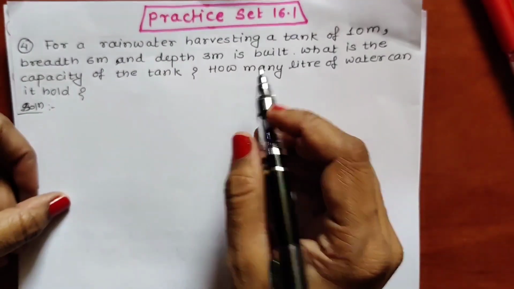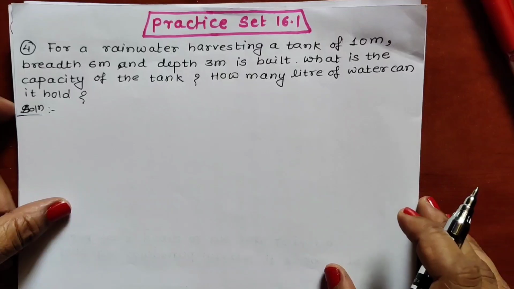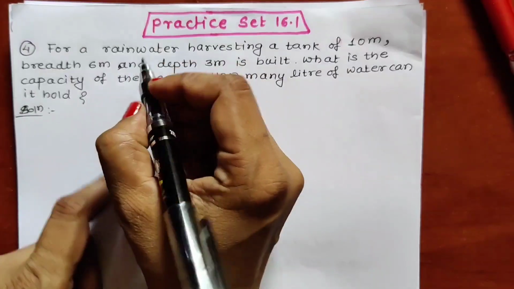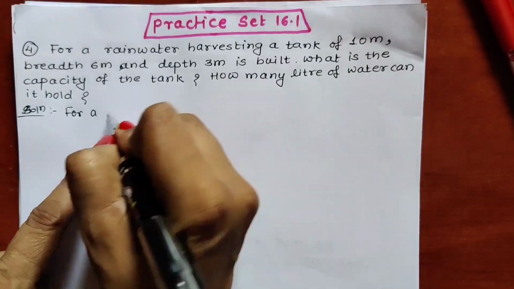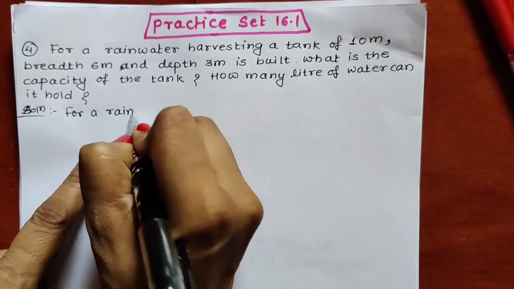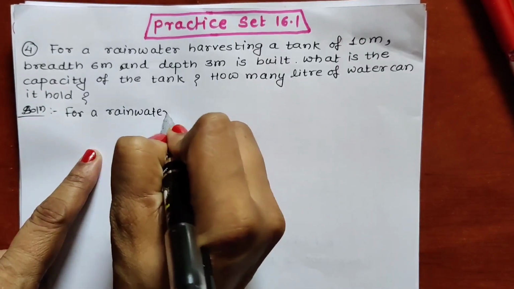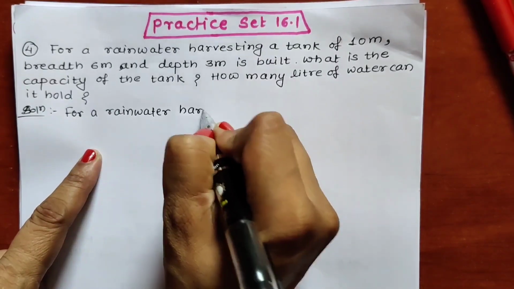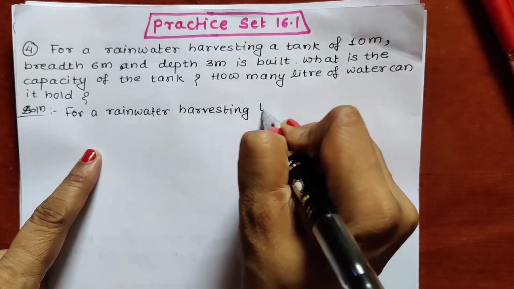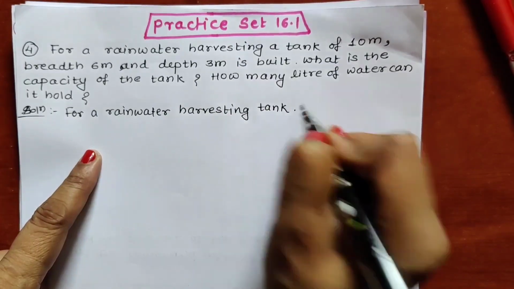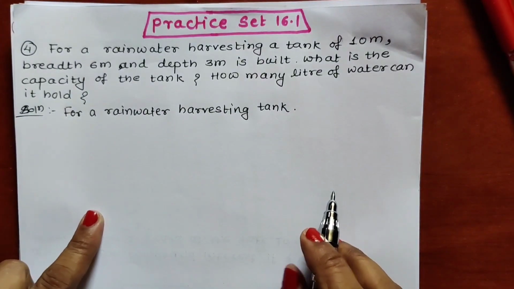We will first write down all the dimensions given in the question. For a rainwater harvesting tank, or for a rainwater tank also we can write.